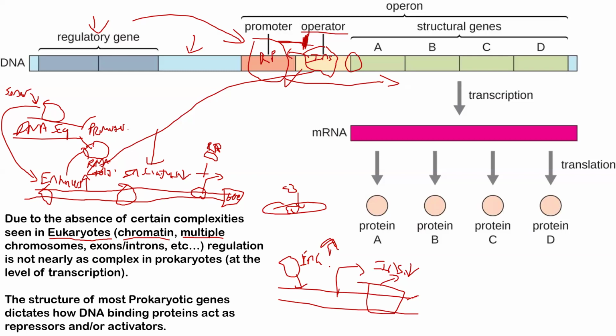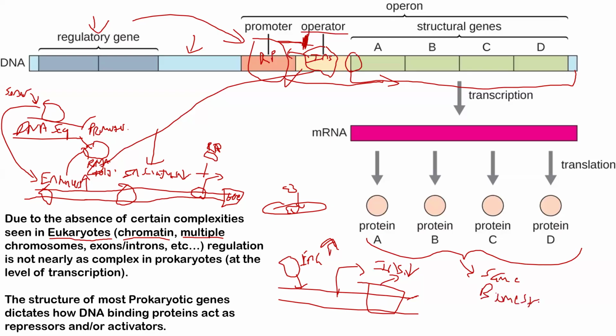And again, this all has to do with the fact that typically if something is regulating the expression of genes on a singular operon, it's because this whole entire operon has a series of proteins which all are involved in the same biochemistry or physiology or response, or some type of other phenotypic response or activity of the cell.